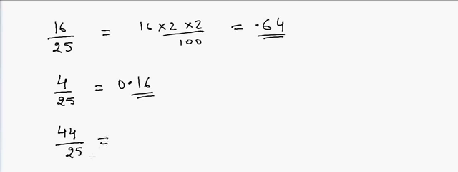So 44 into 4, that's what we have to do. 44 into 2 is 88, and 88 into 2 will be equal to 176. So the answer will be 1.76.